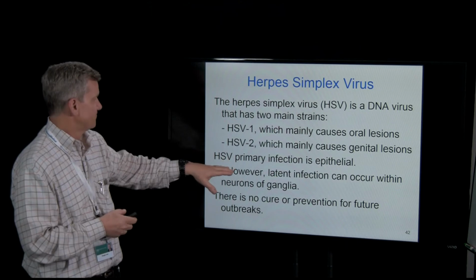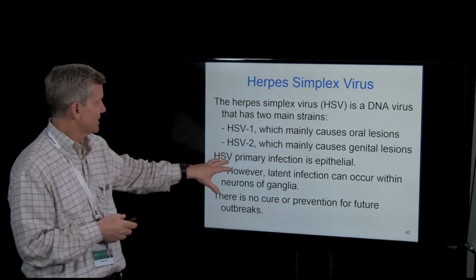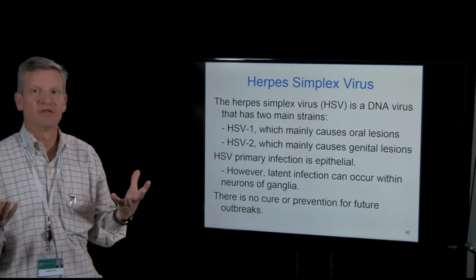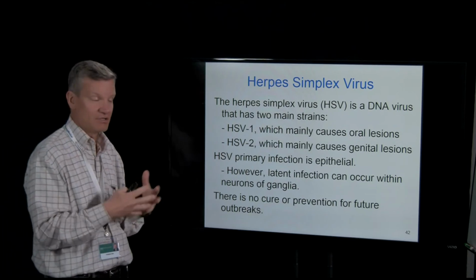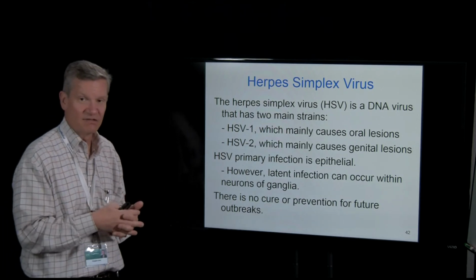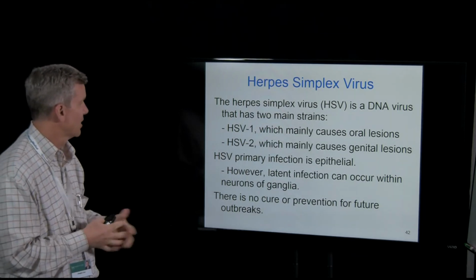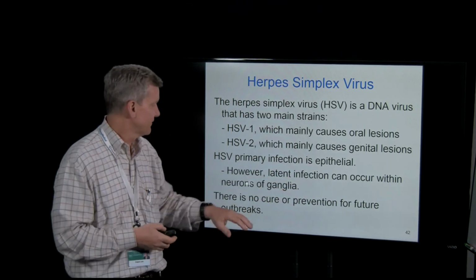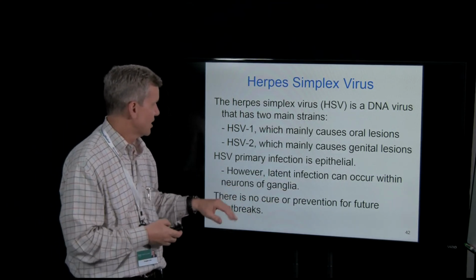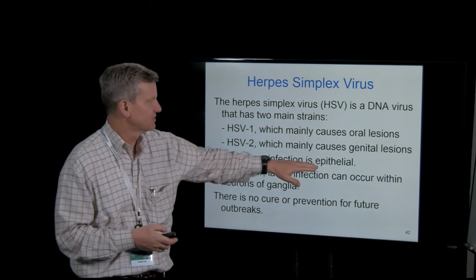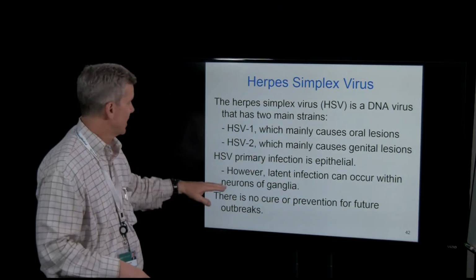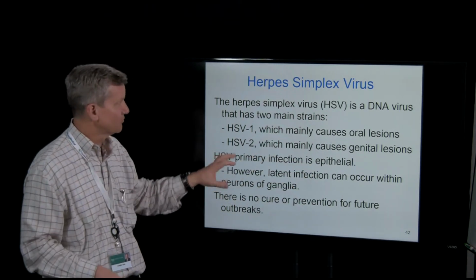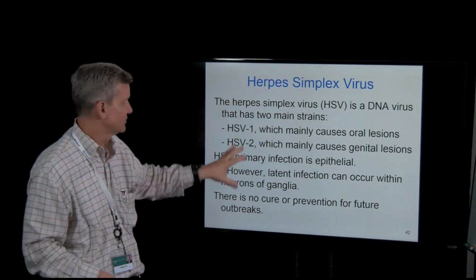So the first type of infection we have is an epithelial infection, so epithelial cells among the skin, keratinocytes. Then we have a latent infection that occurs in neurons. Generally this first infection is a lytic infection, and then once you have herpes, you always have herpes.